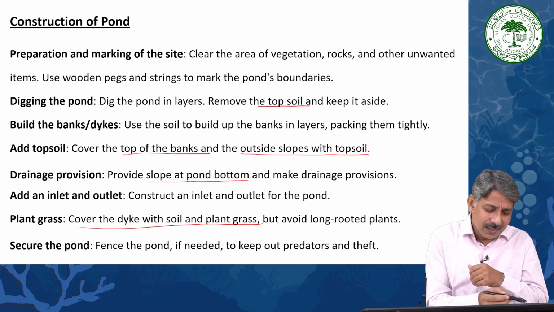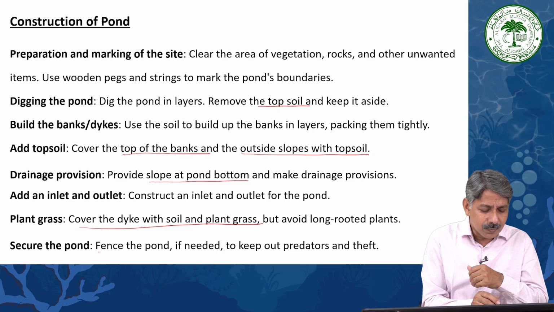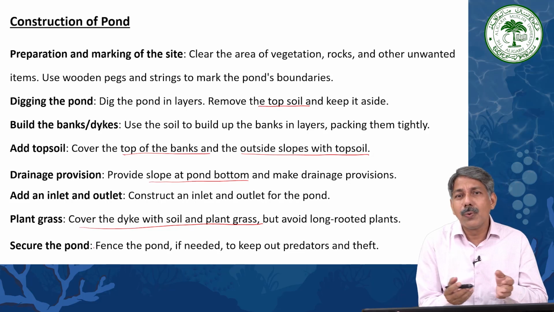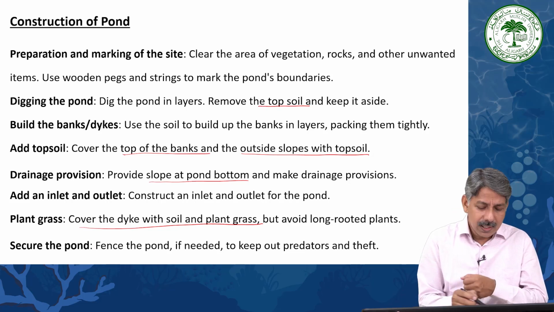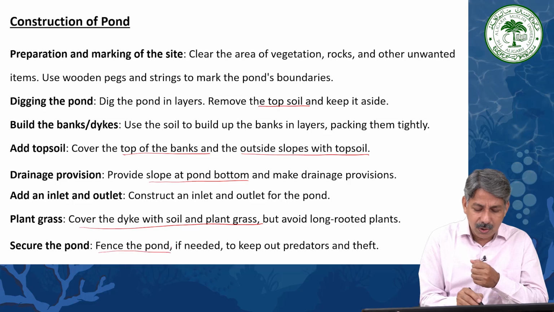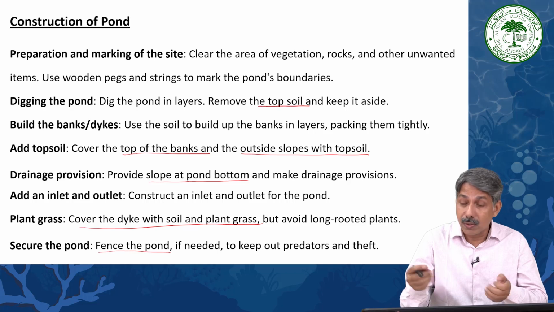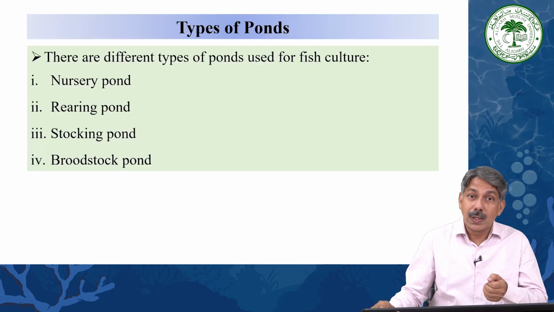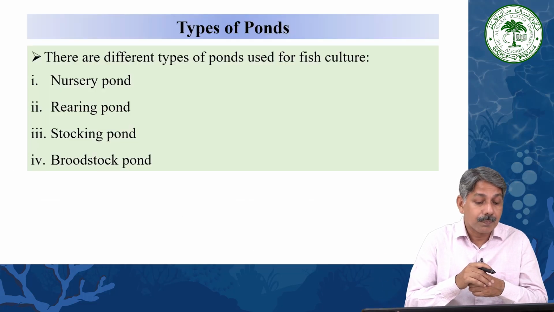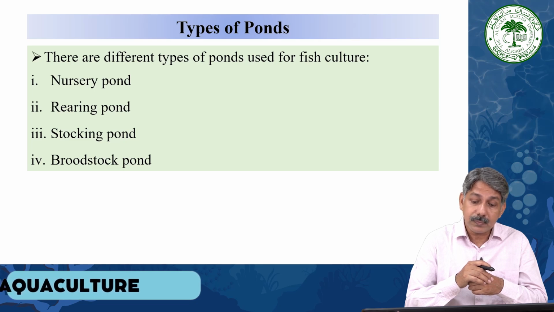Then it again depends on which place you are and how resourceful you are. You can fence the pond or secure your pond, and that may protect the fish in your pond from wild animals, predators or poachers.